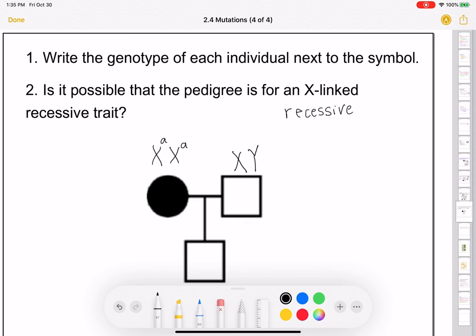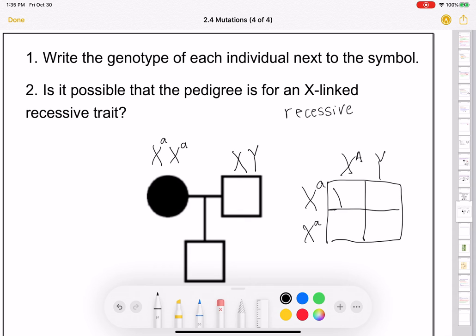The answer is no. And the reason why is that if I did it like this, since the dad doesn't have the disease, he has a big A there, I guess. Little a, little a. If we cross this, we get this.